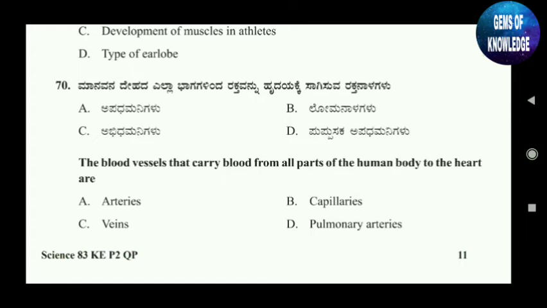Capillaries are where the exchange of materials takes place between the blood and surroundings. Pulmonary arteries have a similar function. So the correct option is veins. Veins carry blood to the heart from other parts of the body.